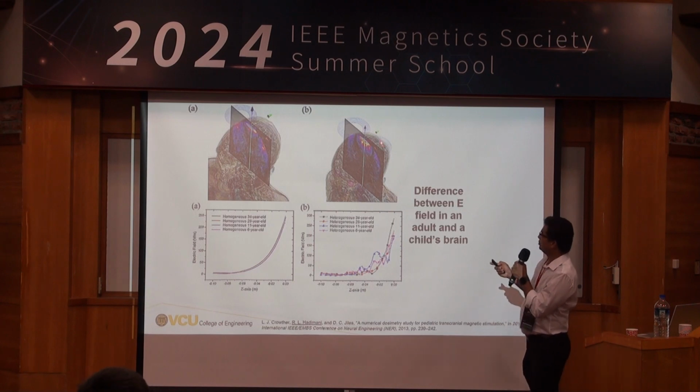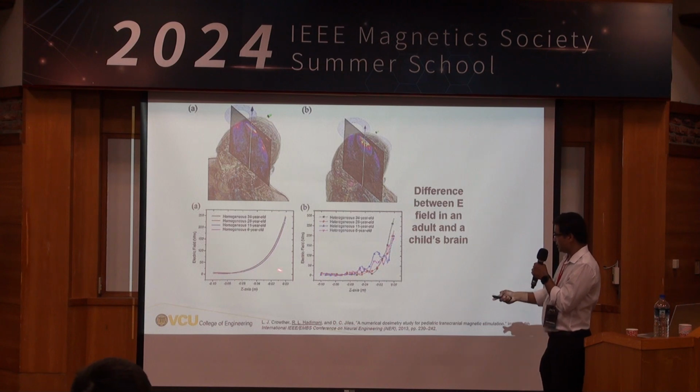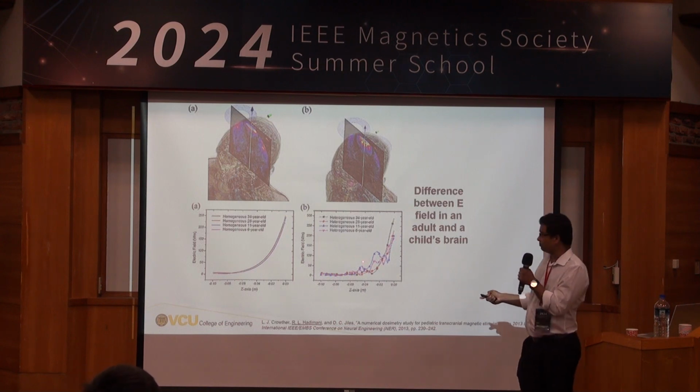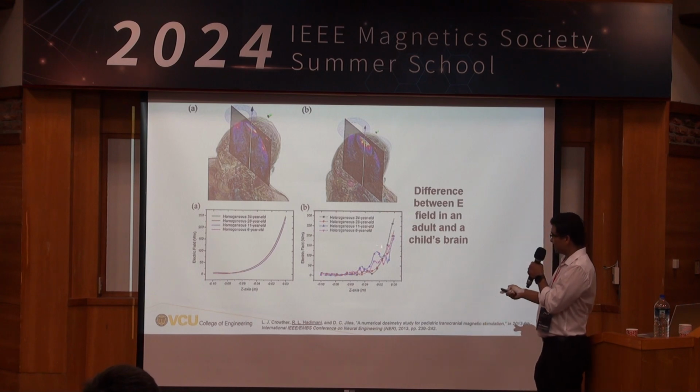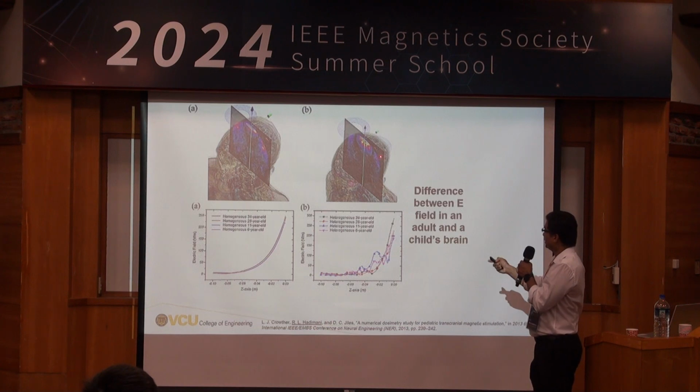If you use a heterogeneous head model, the decay is somewhat irregular, although the overall decay is similar. You have regions in between that might show higher induced electric field compared to the regions closer to the brain. You can see that here: although this is further away from the coil, it has higher induced electric field.